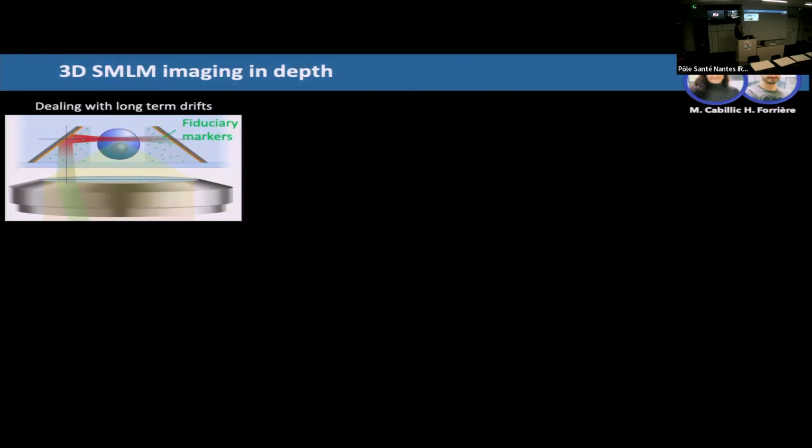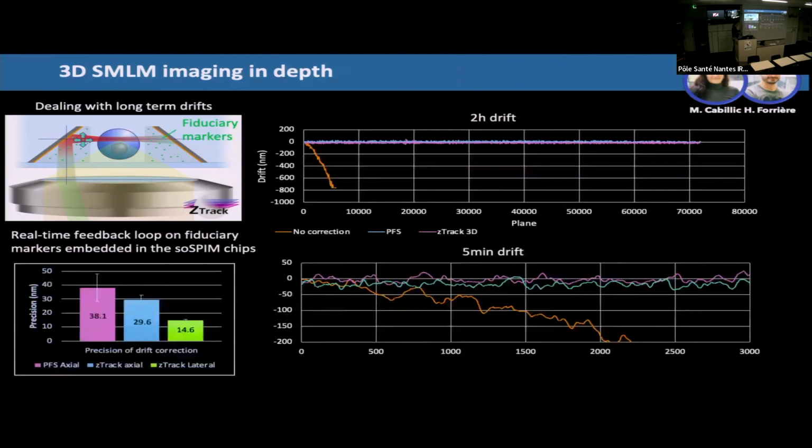By putting these fiducial markers, we are now able, by a feedback loop with software, to localize the markers surrounding your sample of interest, and then feedback on these markers to do a real-time autofocus, which we demonstrated to have about 30 nanometer axial and about 15 nanometer lateral resolution, which at the end provides even better repositioning in 3 dimensions, even compared to the optical system.